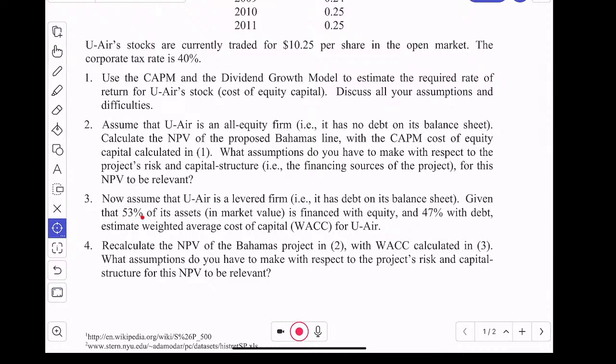So here's the information. So this is the amount, the proportion of the balance sheet for equity, and then this one is for debt. So I'm taking it right out of here.